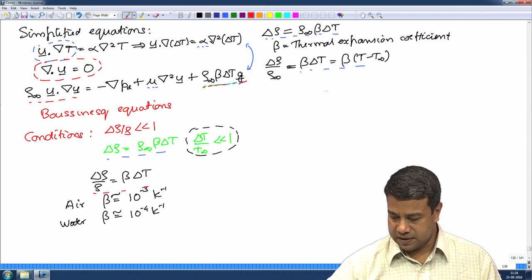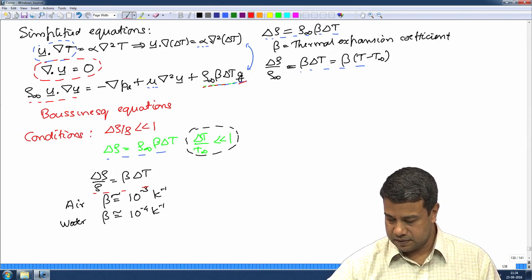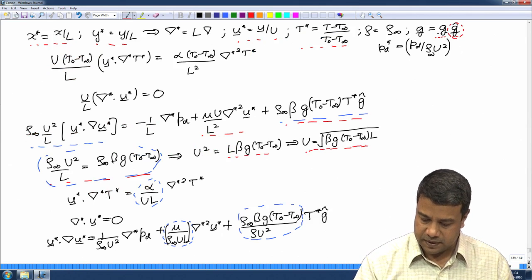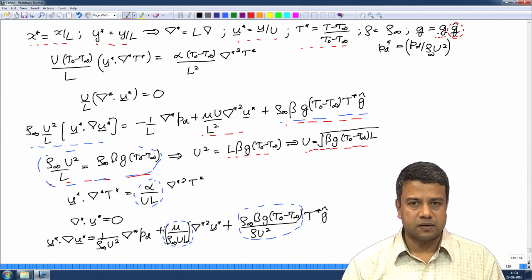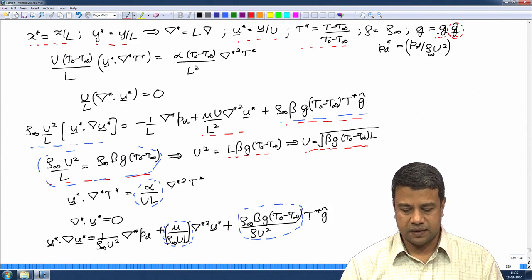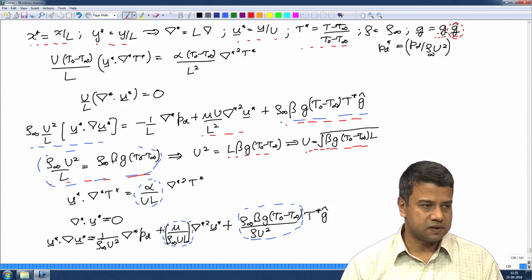And in this case, we had scaled the equations and got the characteristic temperature scale, where L is the length scale, T naught minus T infinity is the difference in temperature between the object and the ambient, g is the acceleration due to gravity, and beta is the thermal expansion coefficient.